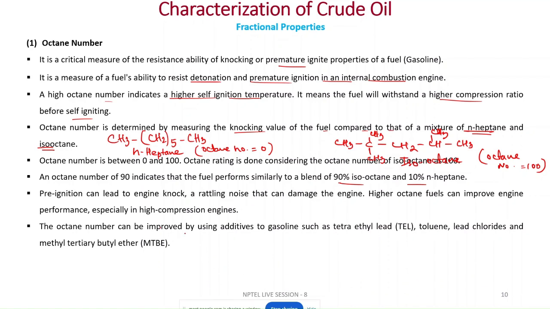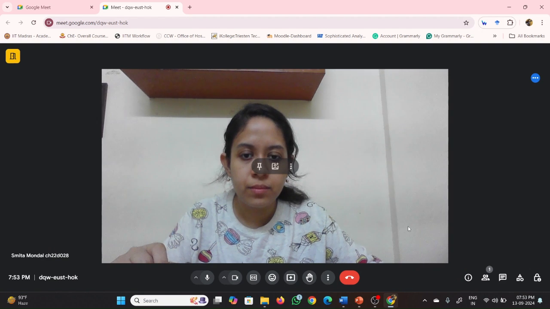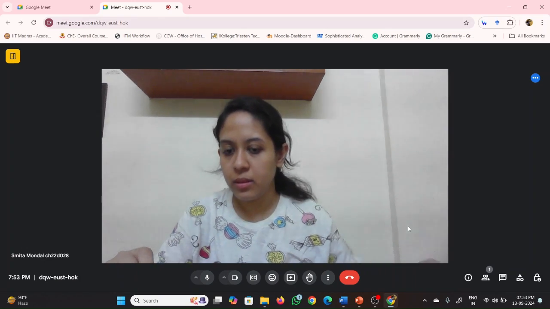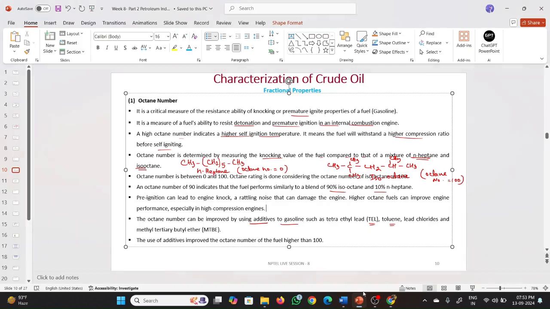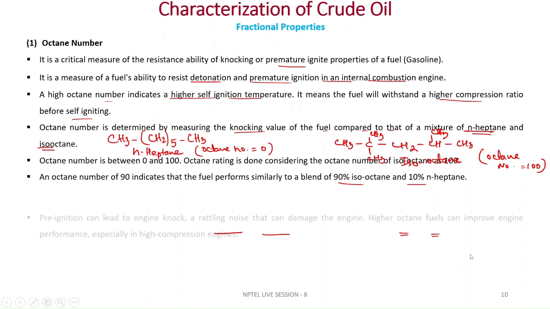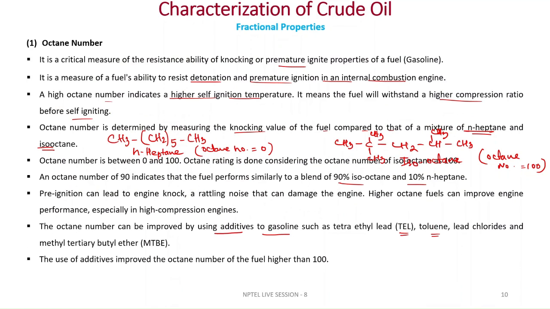The octane number can be improved by adding various additives to the gasoline, such as tetraethyl lead, which is widely used, as well as toluene, lead chlorides and methyl tertiary butyl ether.